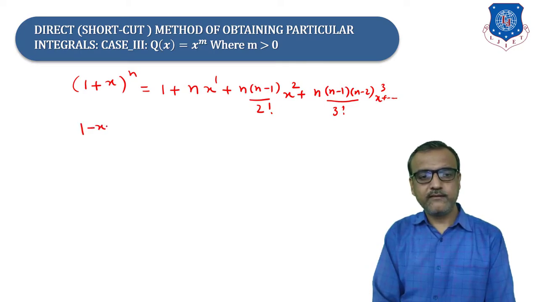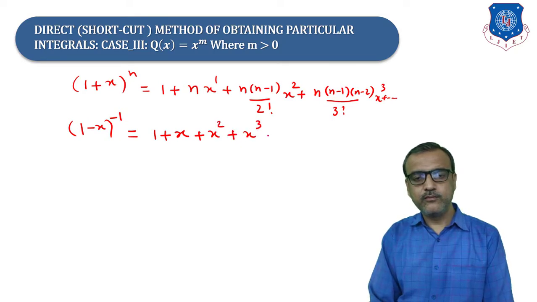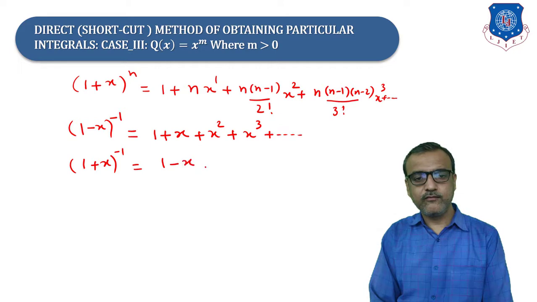1 minus x the whole raised to minus 1, and its expansion is given by 1 plus x plus x square plus x cube, and so on. And the expansion of 1 plus x the whole raised to minus 1 is 1 minus x plus x square minus x cube, and so on.